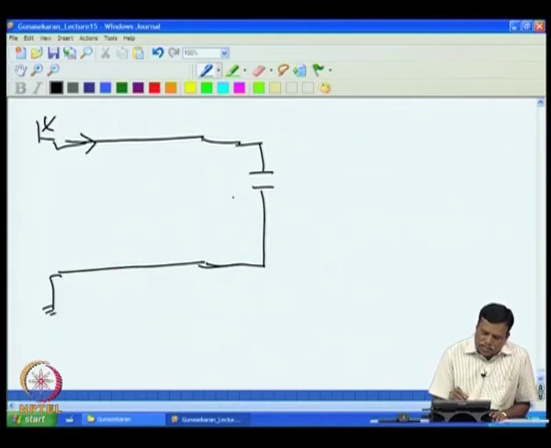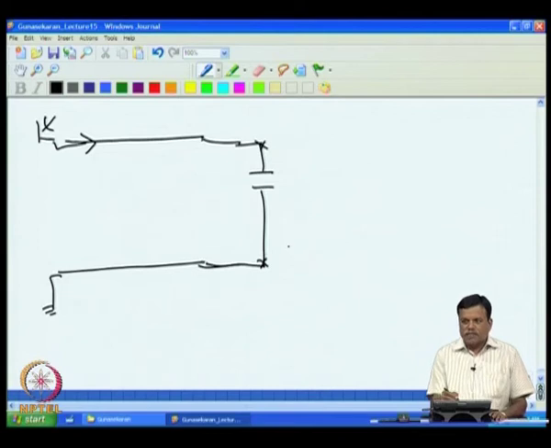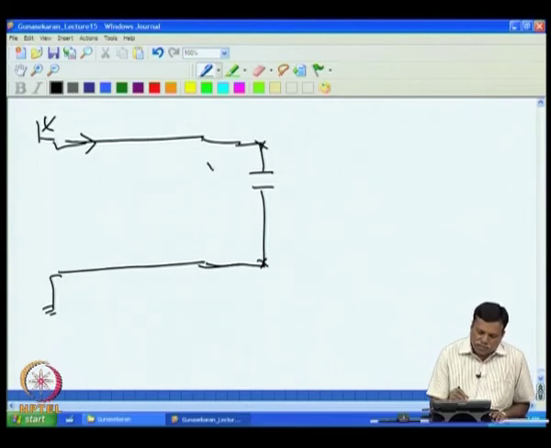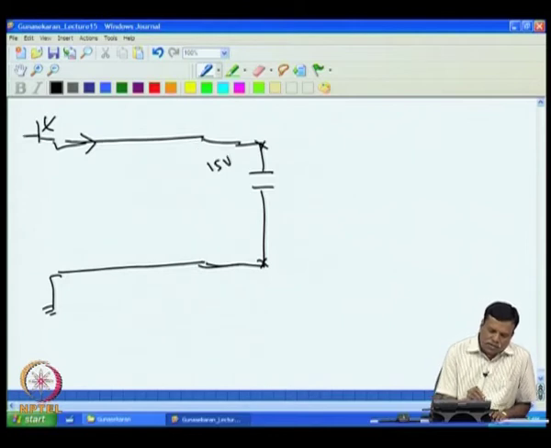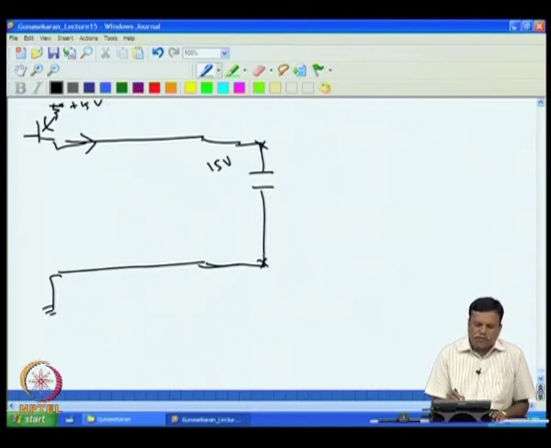If I put a capacitor here, whatever current is coming here will be charging this capacitor continuously, and the voltage across this will be continuously increasing. Now, how much voltage will it reach? Eventually it will reach 15 volt, because this constant current source is driven through a 15 volt supply here. So, it cannot go beyond 15 volt. So, this will go to 15 volt eventually, whatever may be the current here.